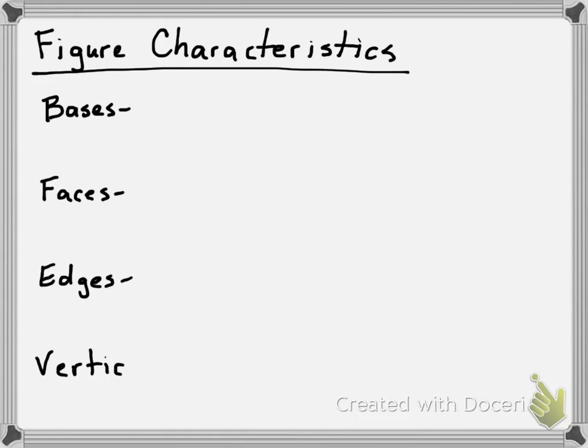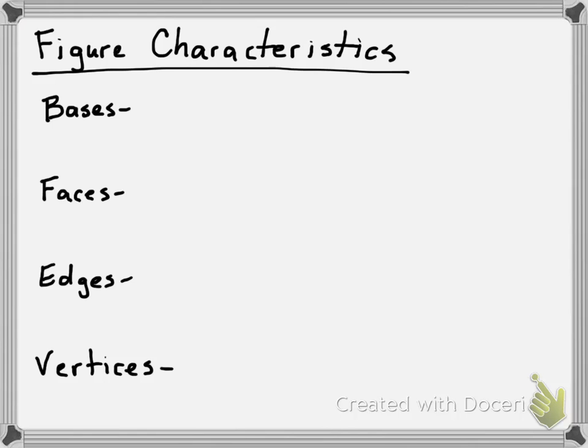Okay, so we have bases, faces, edges, and vertices. Okay, you will need to know how many bases, faces, edges, and vertices each of our figures have, or you would need to be able to find them more specifically. Okay, so we need to know what they are.